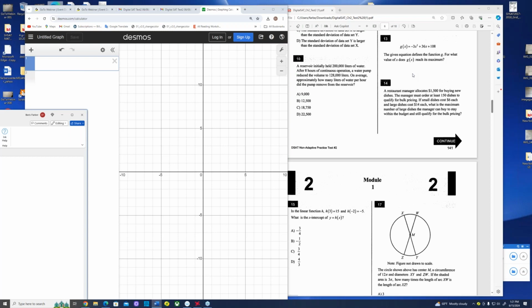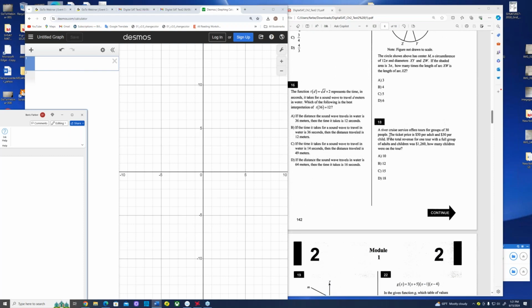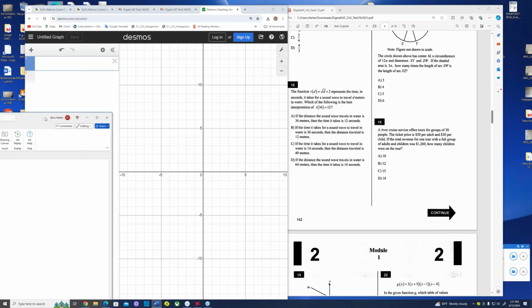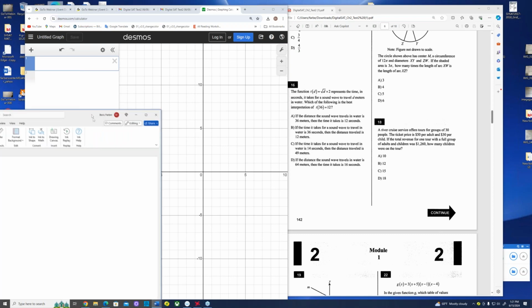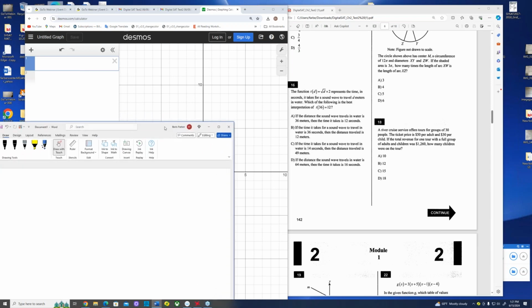Looking for another one. Okay, number 18. Where is 18? Here it is. So when you have many questions, you can solve them in combination with Desmos. Okay. Number 18, you have this data.